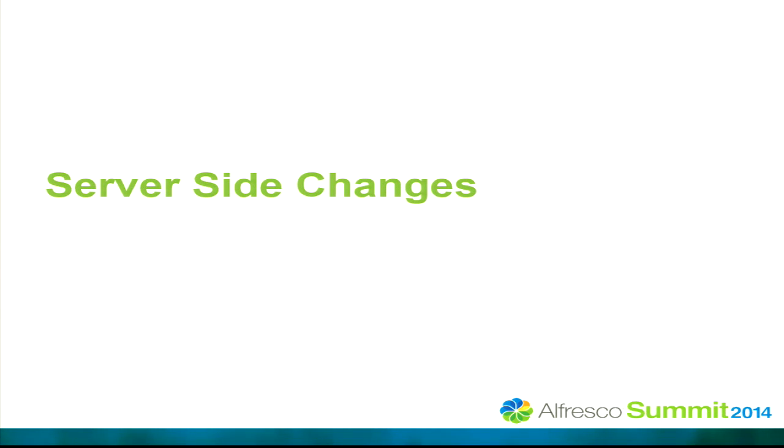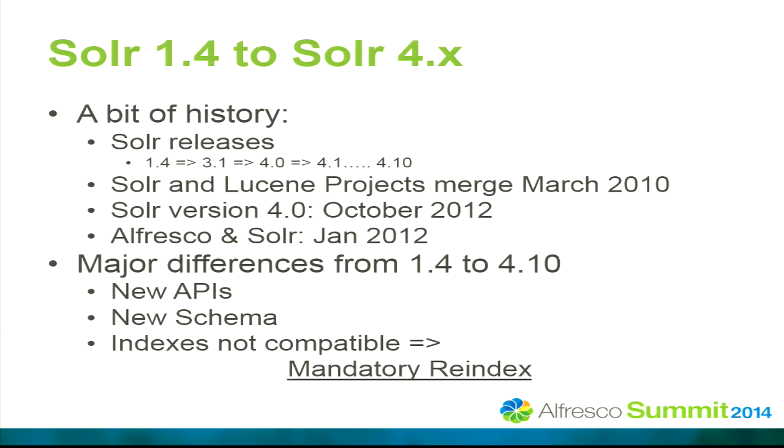So the first thing we're going to talk about is the server-side changes. And something that I've been asked a lot is why has it taken us so long? Solr 4 has been out for quite a long time now, and we have been working with Solr 1.4 up until the new 5.0 release where we're moving to Solr 4.